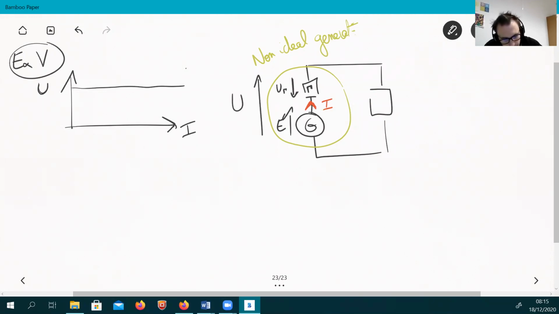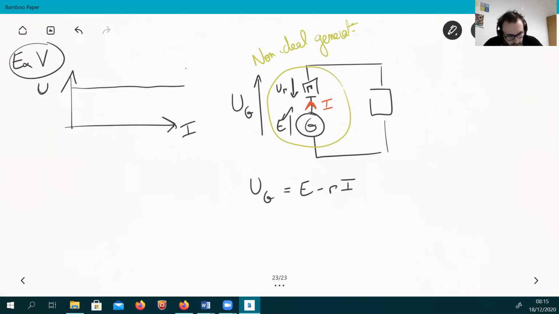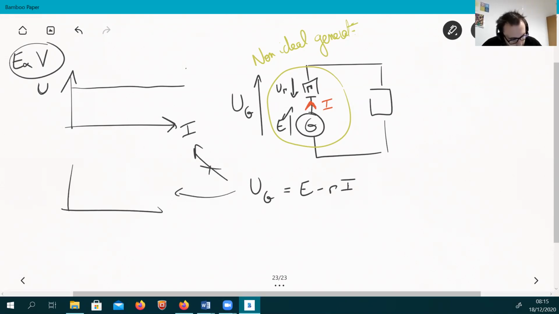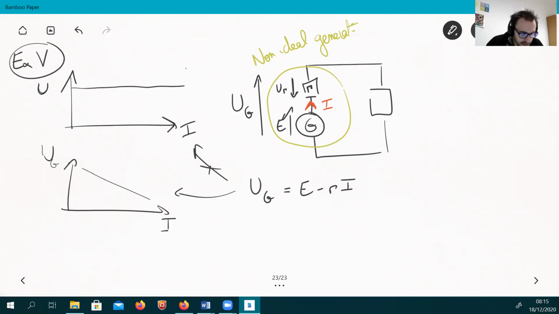So U_G equals E minus r times I. So you're not anymore in this case, but now you are facing this. Of course, the slope here is a bit exaggerated, but this is the concept. And this is what you have in front of you.